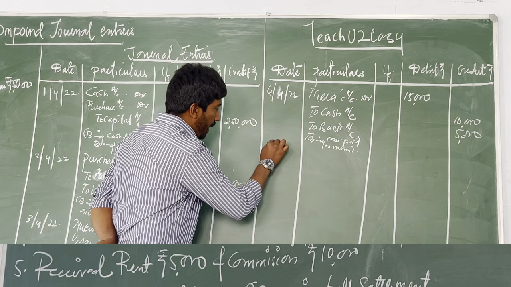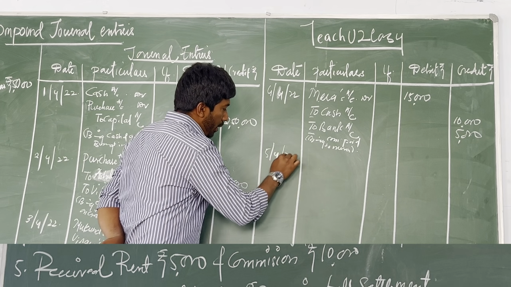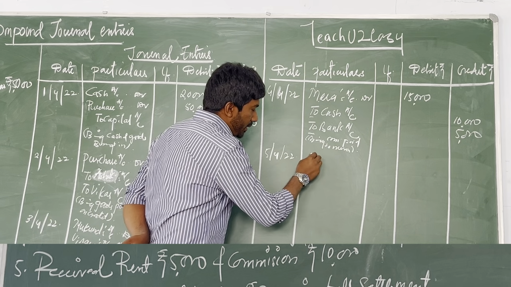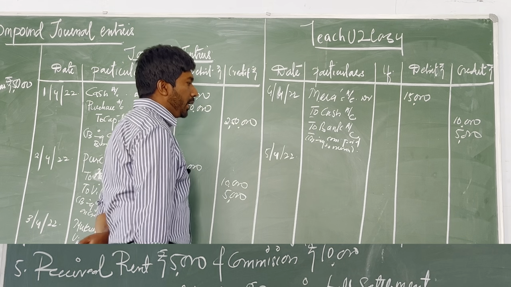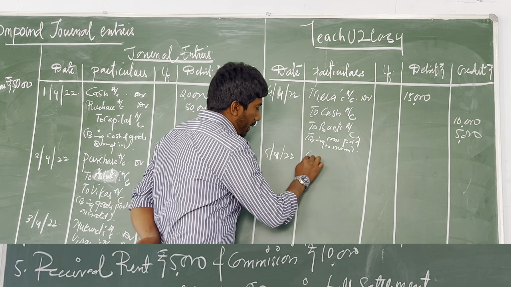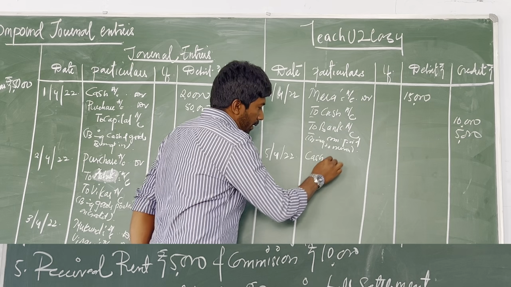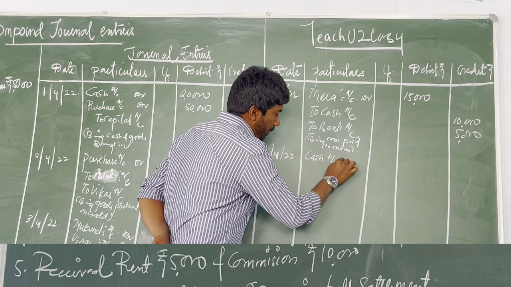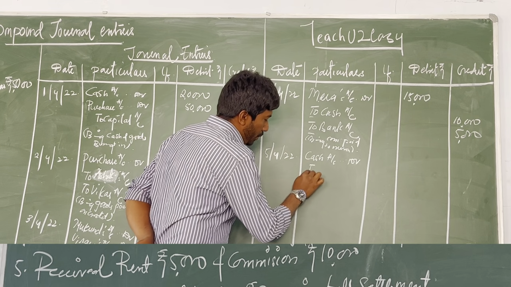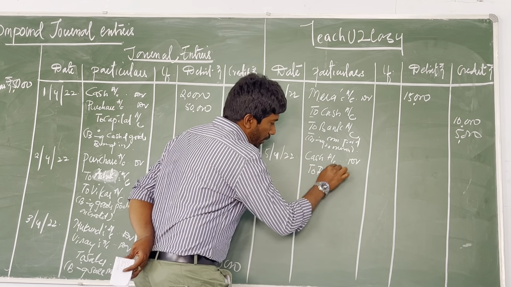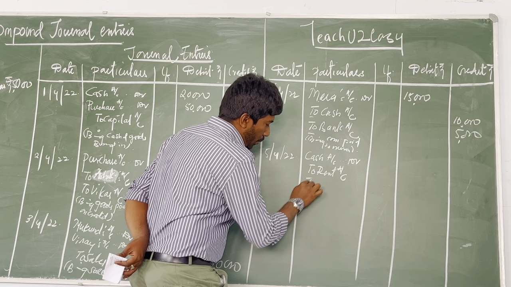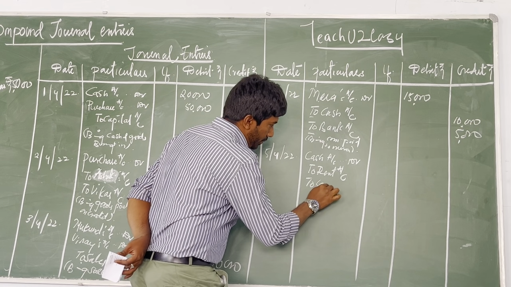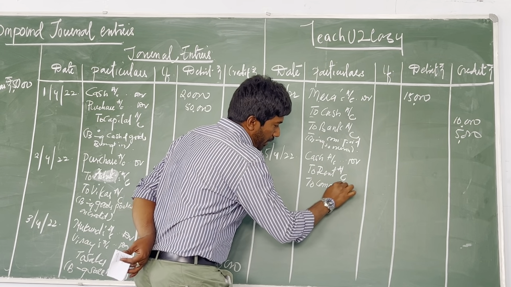Let us assume the date 5/4/22. So we are receiving the rent and commission. So we will write cash account debit to rent account, to commission account.